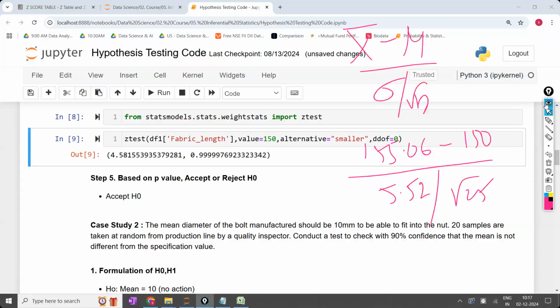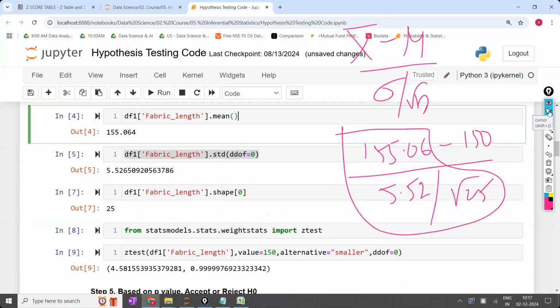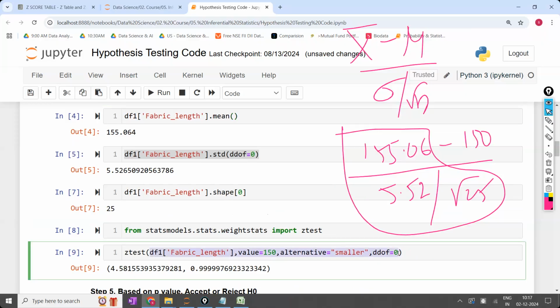Now see here, this value is there now. This will be applied in the backend. These three values will be selected by Python. How is it going to calculate x bar? Internally it will calculate like this. In the backend of this particular function, first it is going to calculate the mean and the standard deviation of the sample. Since I have taken DDOF equal to 0, it will calculate the population standard deviation.